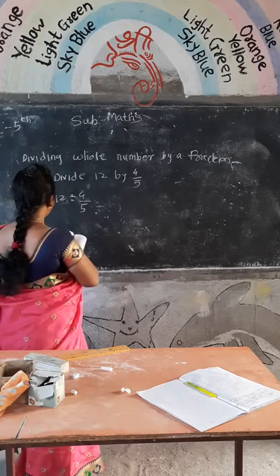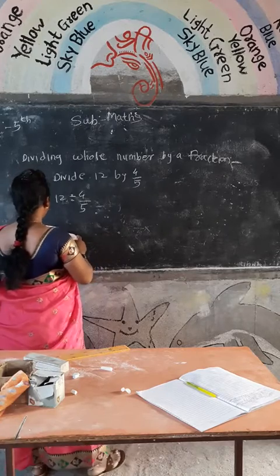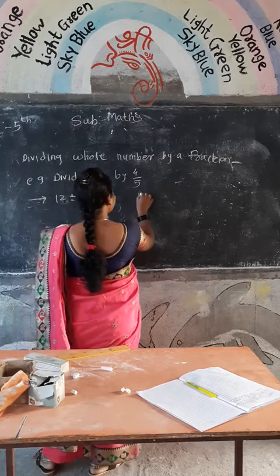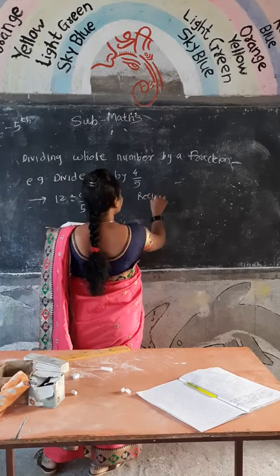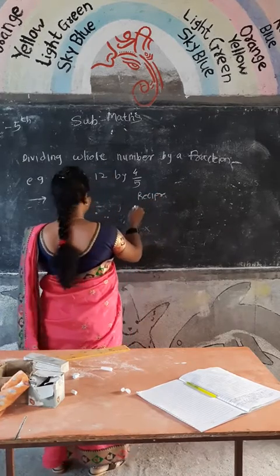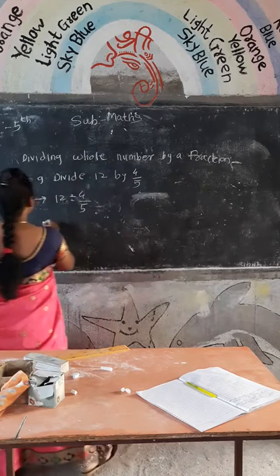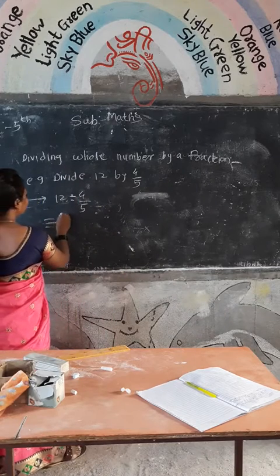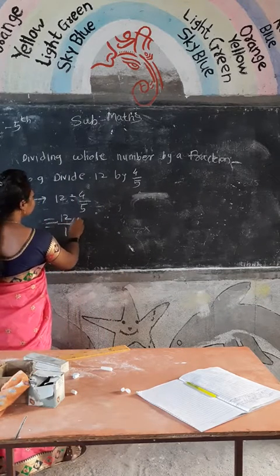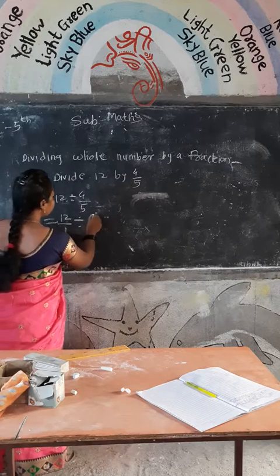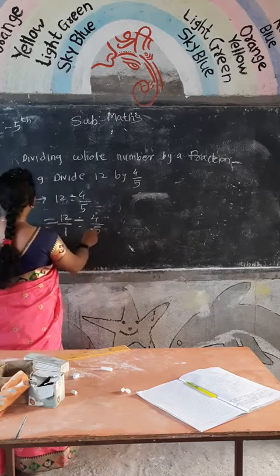We take the reciprocal of 4/5. That is easily solved. We take 12 as 12 over 1, divided by 4/5.